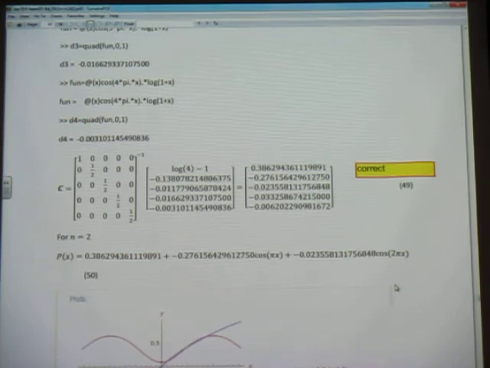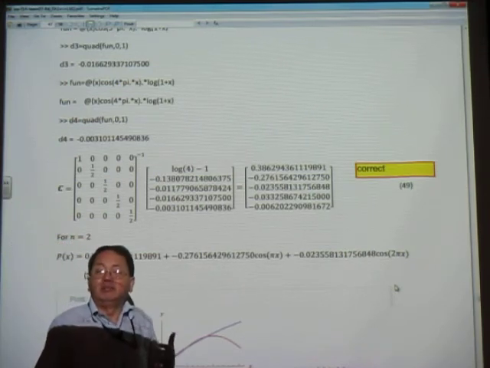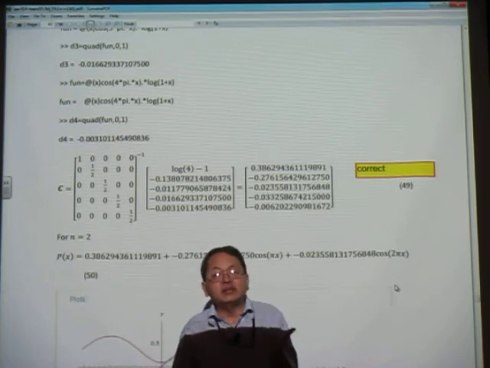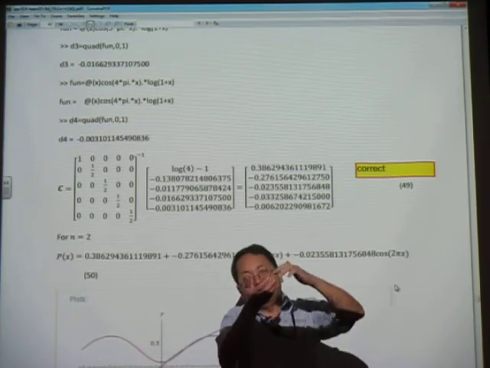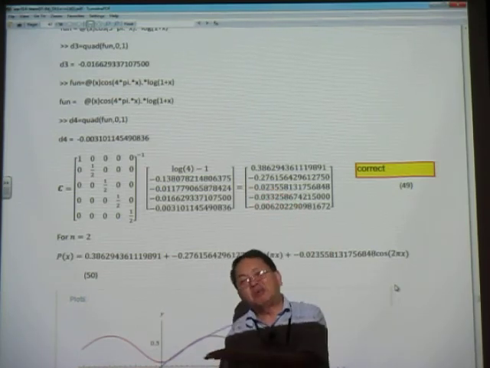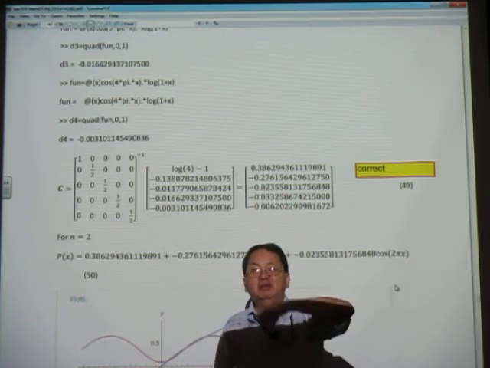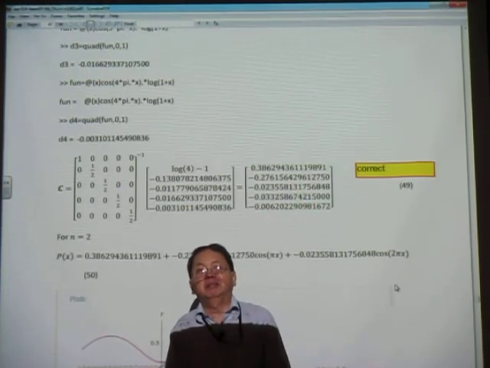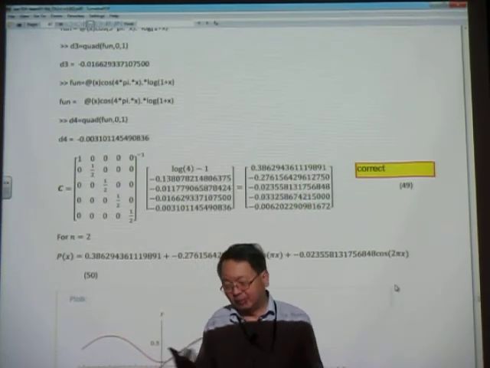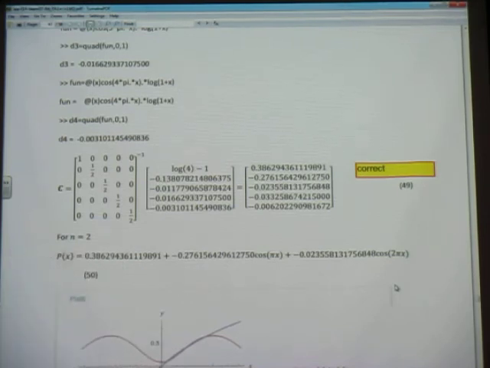So they skip the whole reasoning, misunderstand the result, skip the steps and then copy the result. So it's like you have a gap that you cannot bridge. Okay, so please be careful.